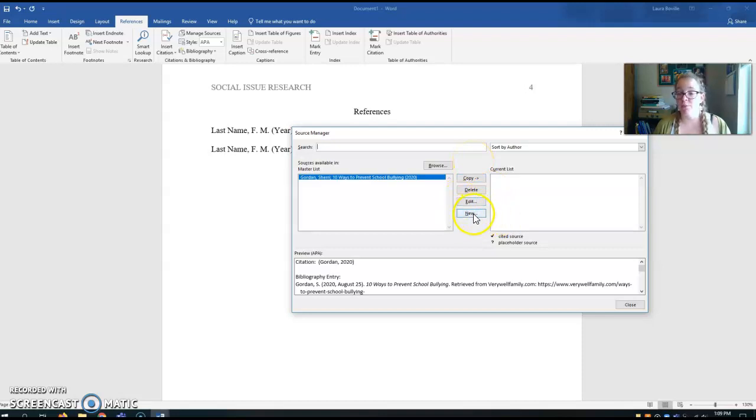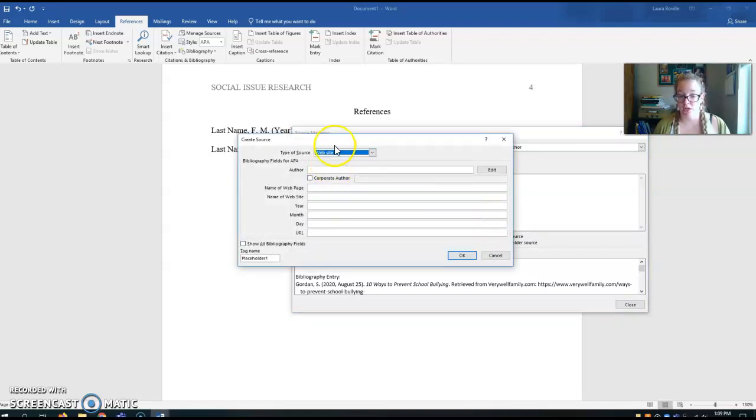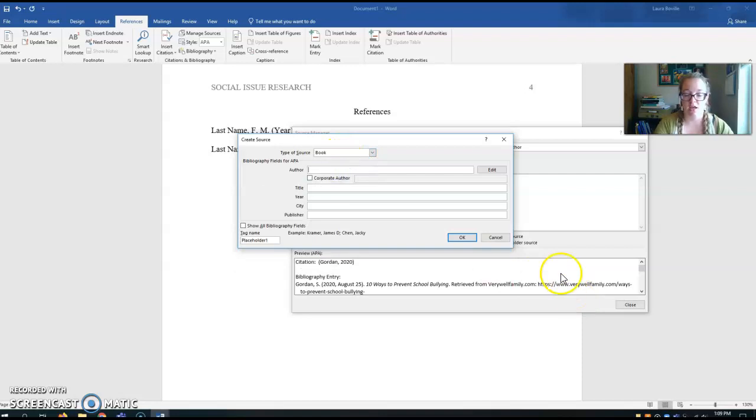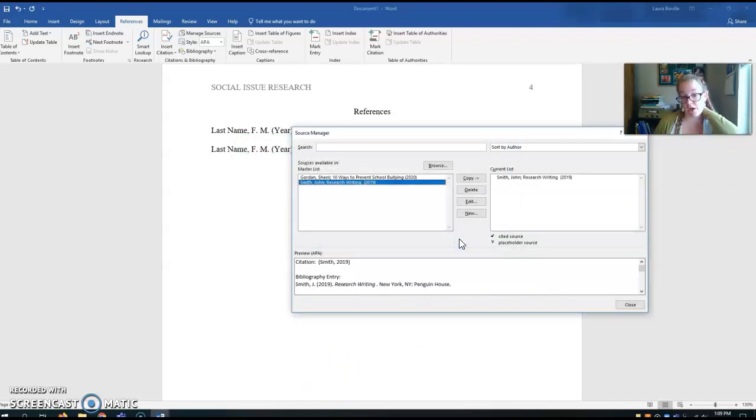So say I found a book that I really like, and I'm going to click New here. From the drop down, I want to choose Book, and then I'm going to put the author here. Just making up the rest of this. So say I filled out all the information, and then I'm going to click OK.